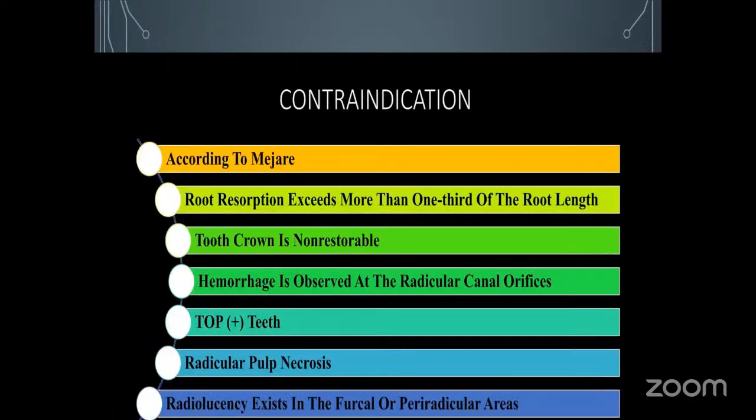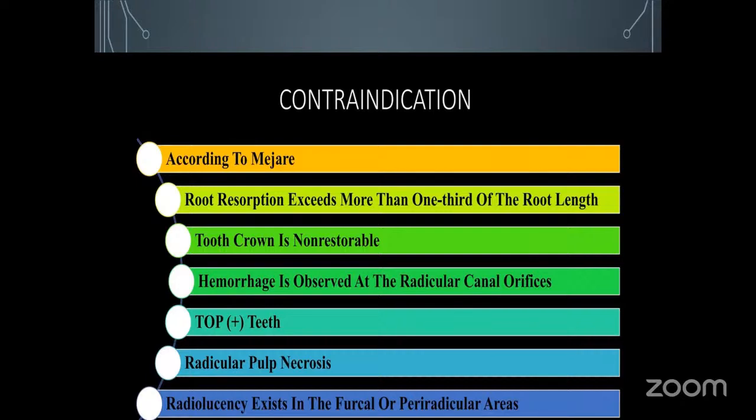In which cases is pulpotomy not indicated? As I told, we have to do pulpotomy in those cases where the root length is more than 2/3 of the root length. That is very important.